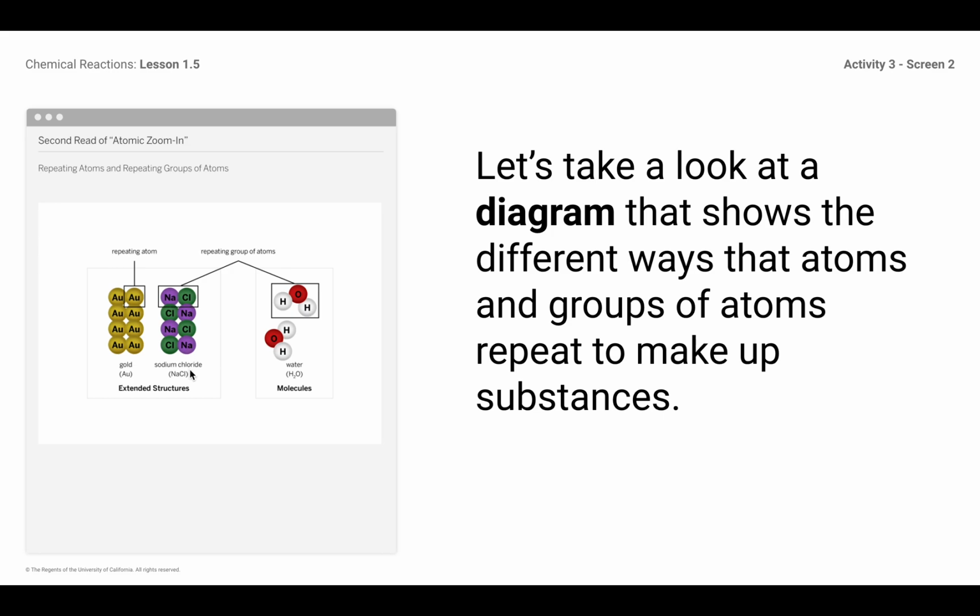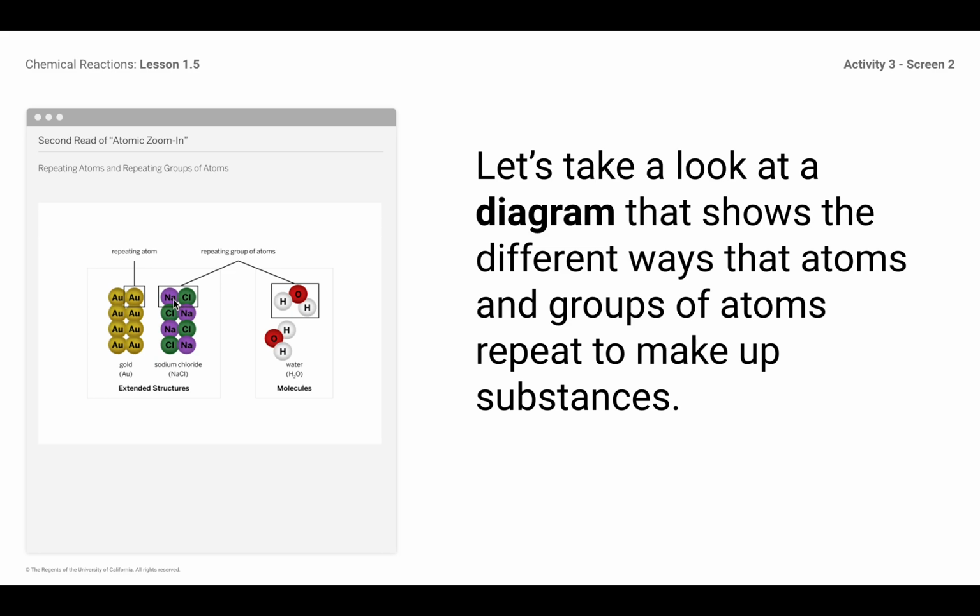NaCl is sodium chloride, and this is another word for table salt. It's what we use when we cook. And this repeating group of atoms only repeats, and it uses 2 atoms. This is what we would call a compound.